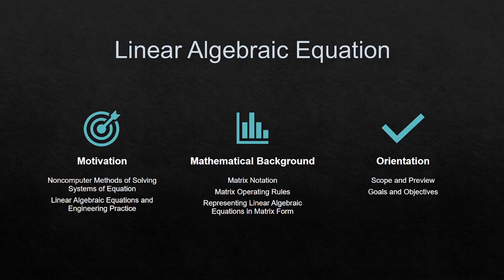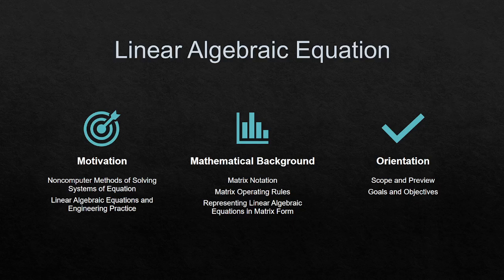So for linear algebraic equations, we have the motivation, which is non-computer methods of solving systems of equations. There are ways to solve linear algebraic equations. By the way, if you try to recall, linear algebraic equations are just solving multiple equations with multiple unknowns.